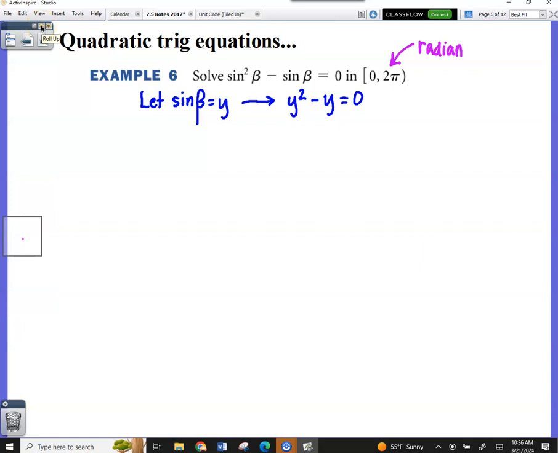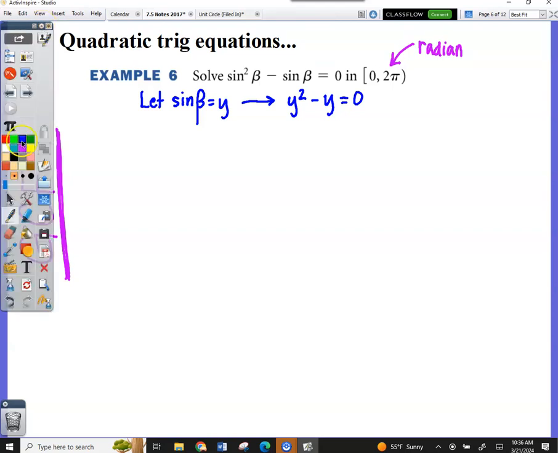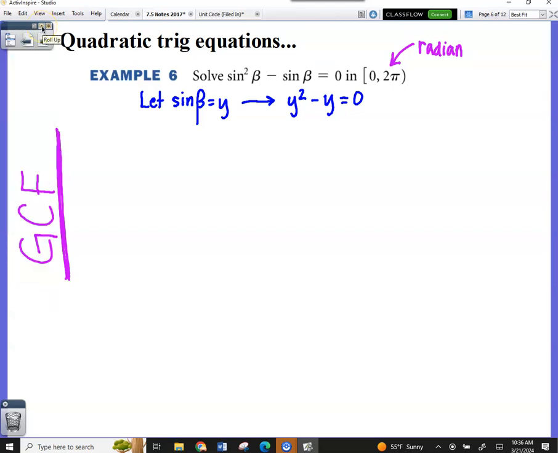You can either write solve by GCF or you can just write in big letters GCF to show that here's an example where we're practicing solving by GCF. So what's the GCF? They both have a y. I'm going to pull it to the front, and that would leave me with y minus 1 in parentheses.